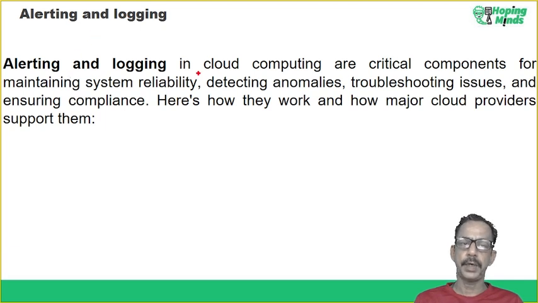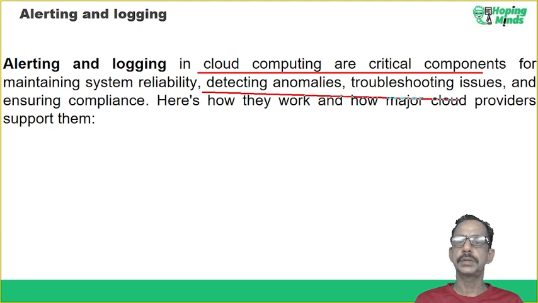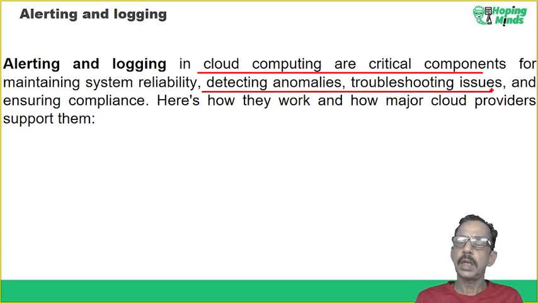In cloud computing, alerting and logging are critical components for maintaining system reliability, detecting any anomalies, and then troubleshooting the issues. Just setting up infrastructure is not sufficient unless we create the alerts.